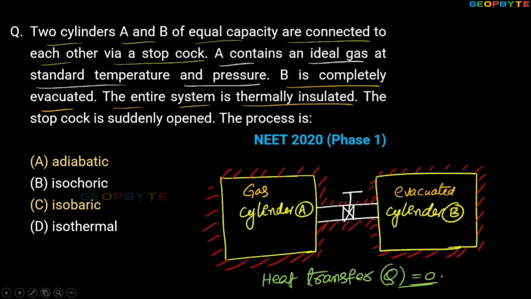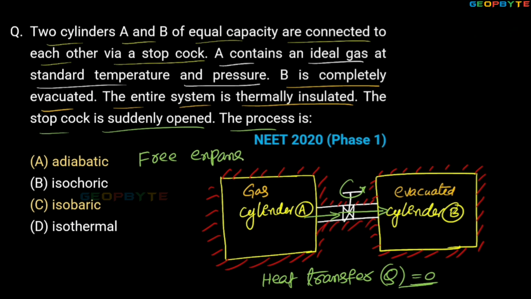Then the stopcock is suddenly opened. Once the stopcock is suddenly opened, the high pressure gas rushes towards the perfectly evacuated container. That kind of process is called free expansion process. Remember, free expansion process is adiabatic, but it is a highly irreversible process.